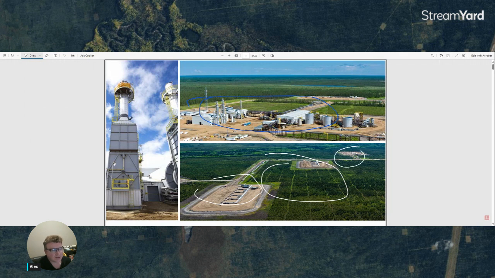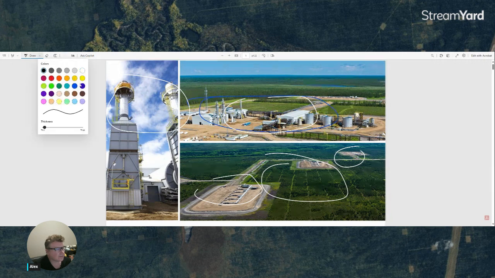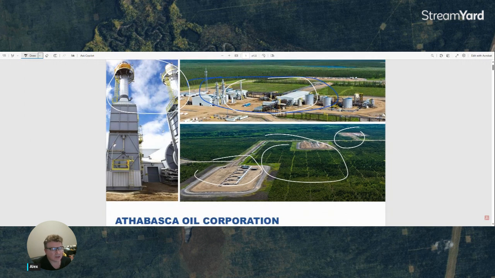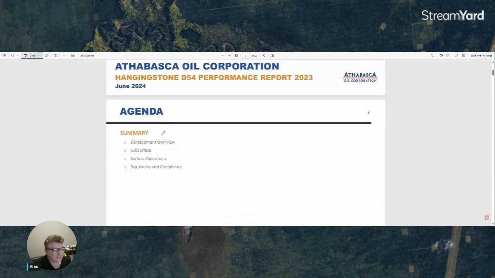Everything is being back tied into the surface facilities that generate the steam and treat the emulsion. And here you can see the steam generation facilities that are a big requirement for the recovery scheme. So we're talking about Athabasca Oil Corporation's Hangingstone asset.